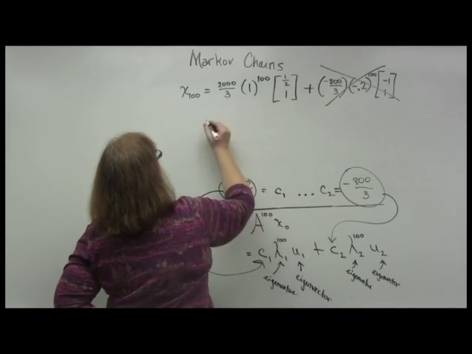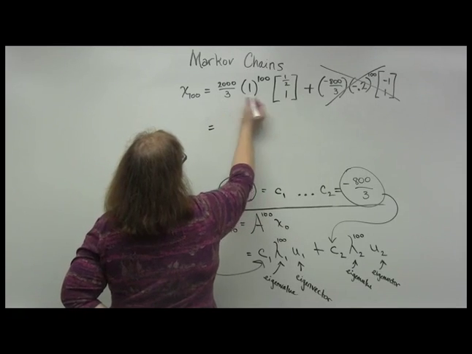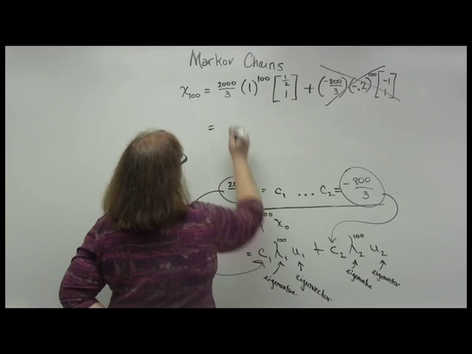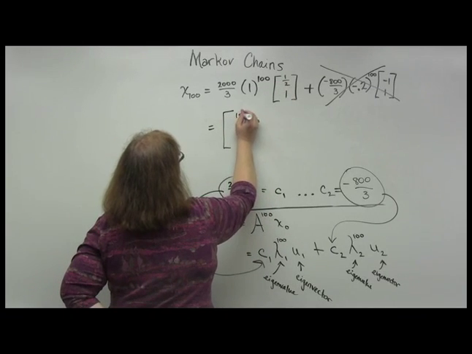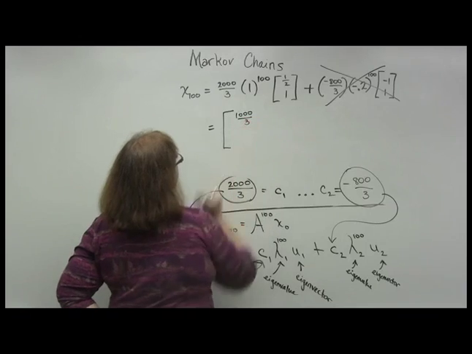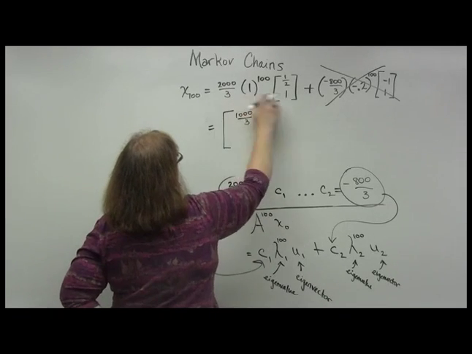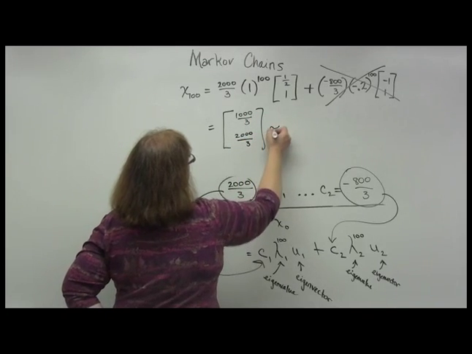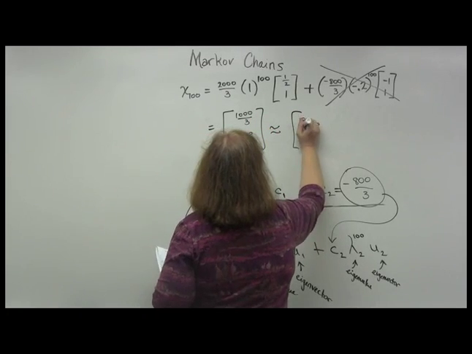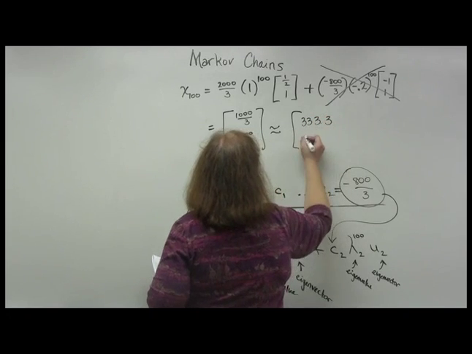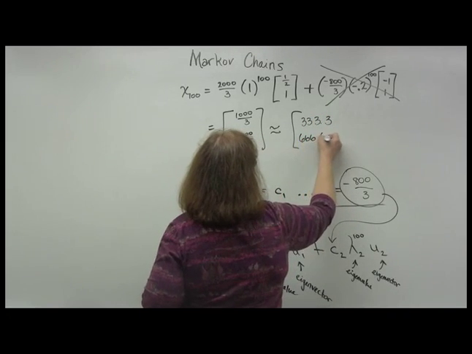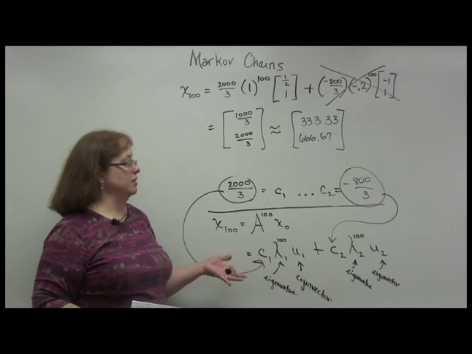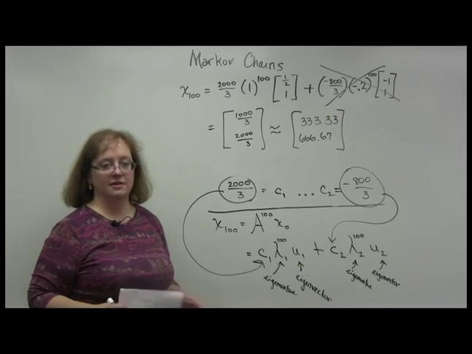And so if I work this out now, finally, since that's just going to be 1, I'll have 2000 over 3 times 1/2. Well, that's just going to be 1000 over 3. And then 2000 over 3 times 1, that's about 333.33 and 666.67.